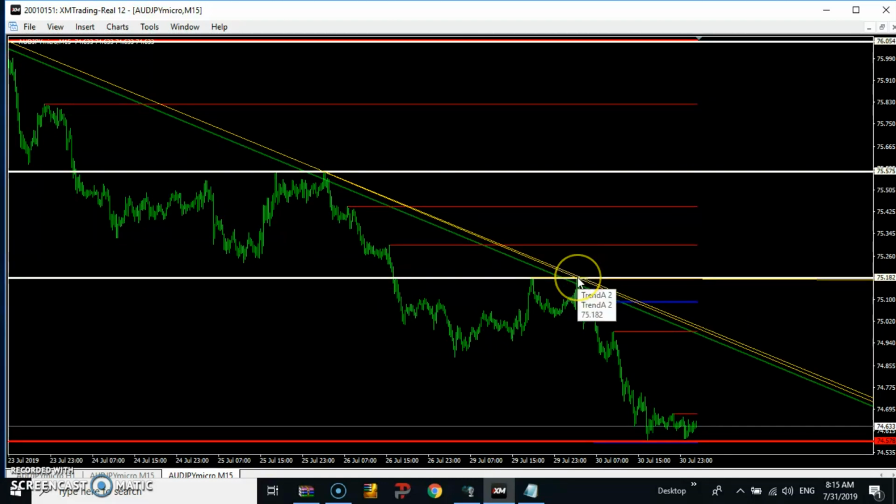Retest, touch, break, retest, touch, and then boom, 100 pips. See, price was coming. Break, retest, touch, boom, your trade activates, 100 pips. Do you see?